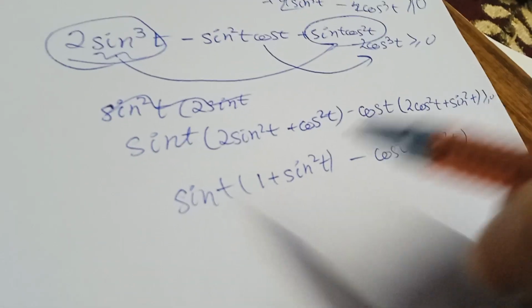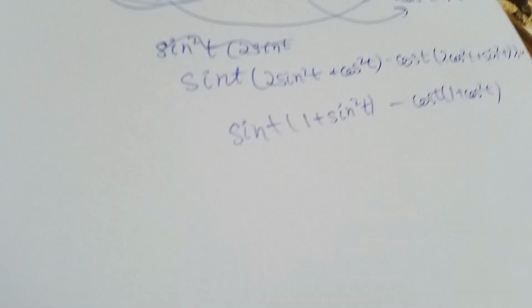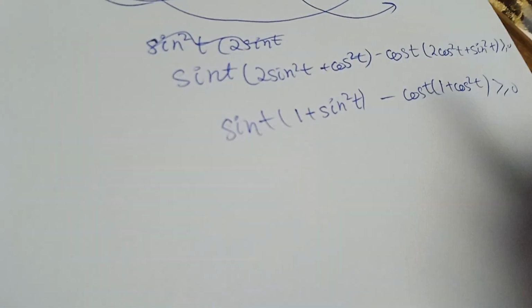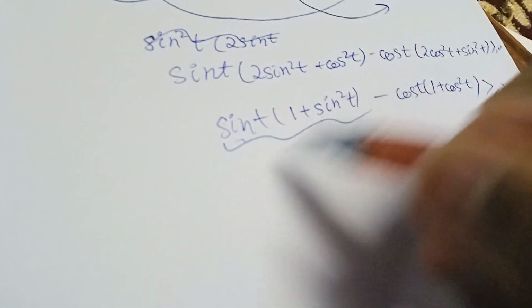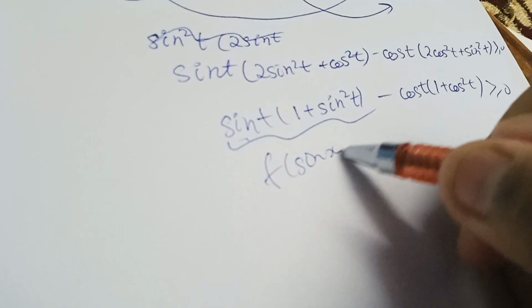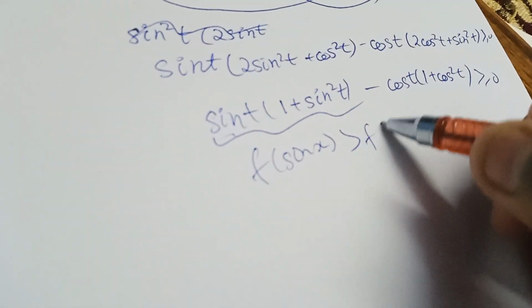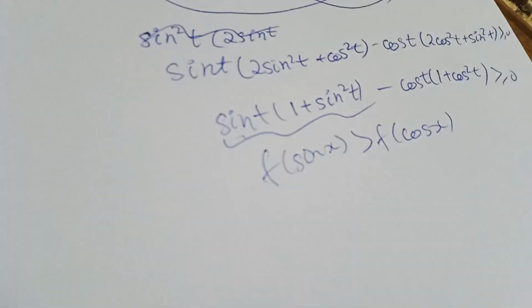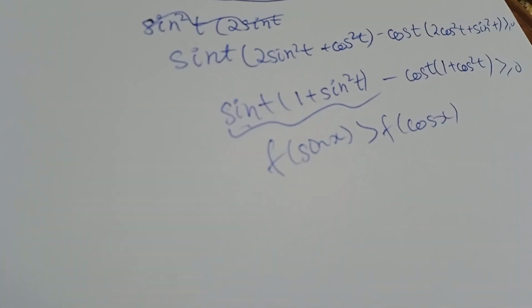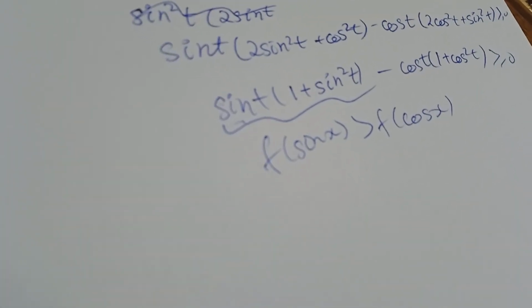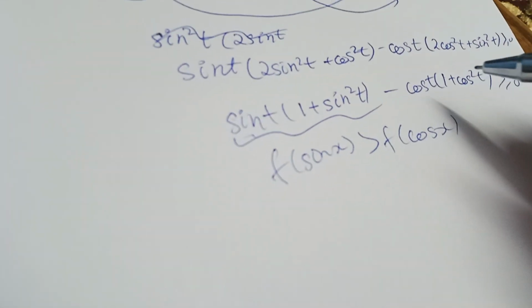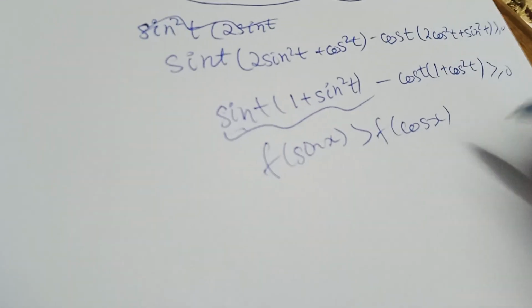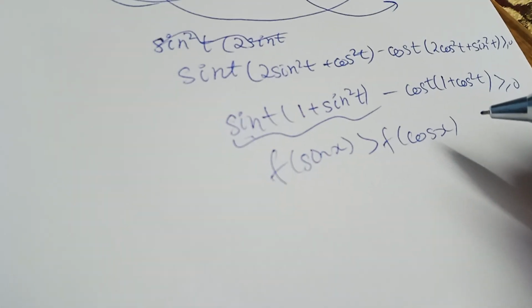So this is a kind of function of sine being greater than the same function of cos. For this, if the function is increasing, then sine must be greater than cos. If the function is decreasing, then cos must be greater than sine.